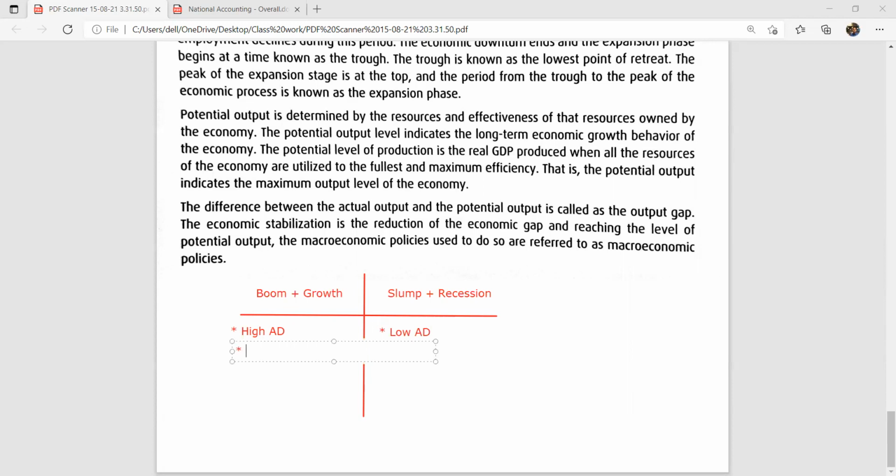Then high investment, as well as low investment. So on this side, high employment, then low employment.